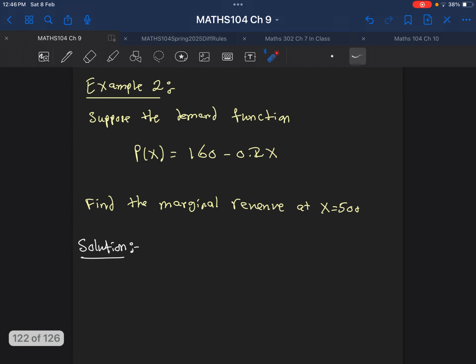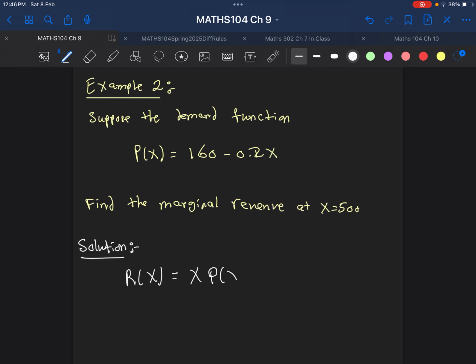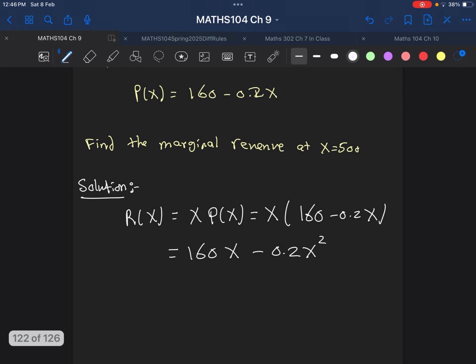Next question. Suppose the demand function is given by this formula. We need to find the marginal revenue. Of course, first of all, we need to find the revenue itself. I don't have it. The revenue will be the number of units times the price, which means x times (160 minus 0.2x). Now this one will be 160x minus 0.2x squared.